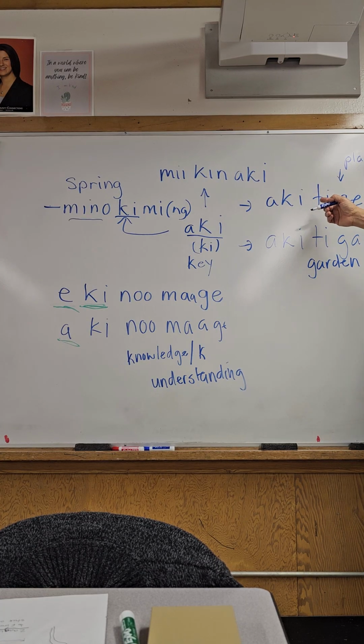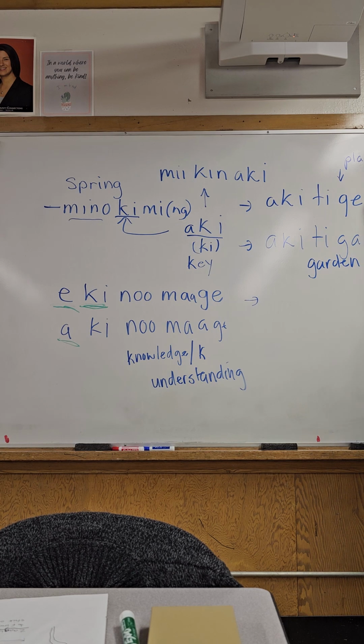Summer should be a kitiged. This is taking care of the garden. You're looking after the garden. Isn't it like planting and then looking after the garden and then harvesting? Harvesting, yeah, we're coming up to harvesting, that's for fall. You plant first.